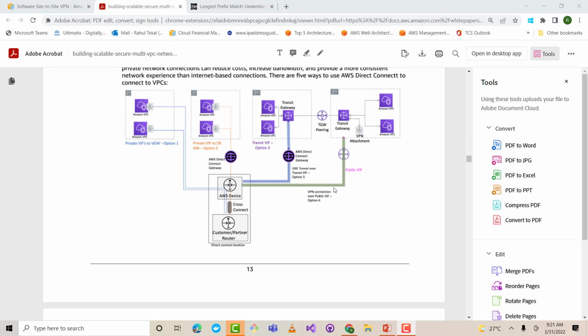You could think of two options: private VIF with direct connect gateway, or transit VIF. If it wants a cost-effective solution and says it has 50 VPCs, then you know transit VIF is the only way to go. But if it says it has only 8 VPCs and wants cost-effective, then private VIF with direct connect is an option you need to consider.